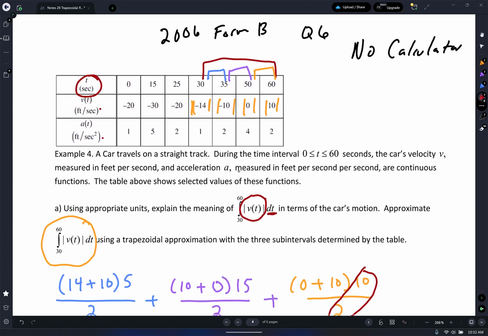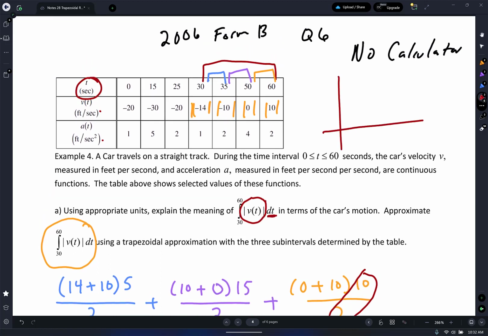All right, relax. Because it's feet over second. Yeah, hold on, guys. Do a little graph here. It doesn't have to be perfect. 30, 30, 14, 35, 10, then you're at 0, then 60, 10. And then look, just connect it.